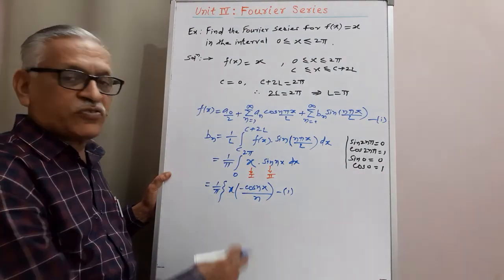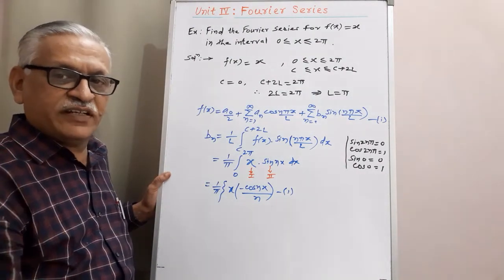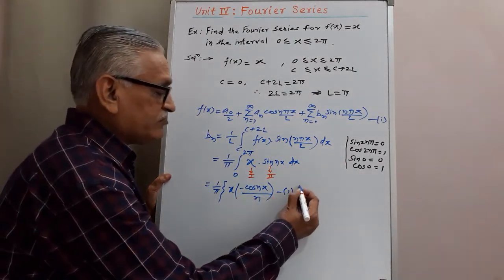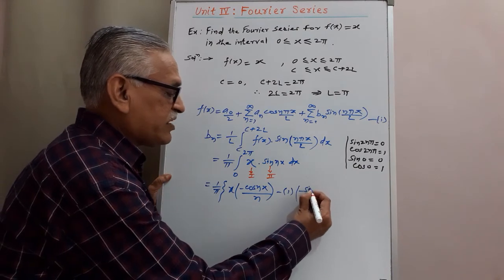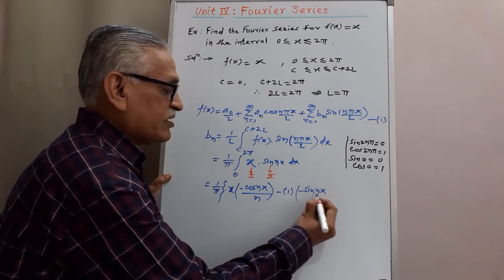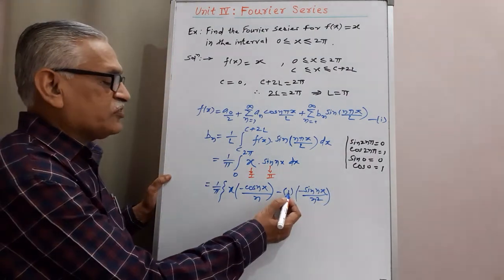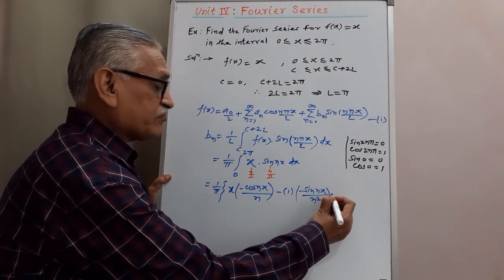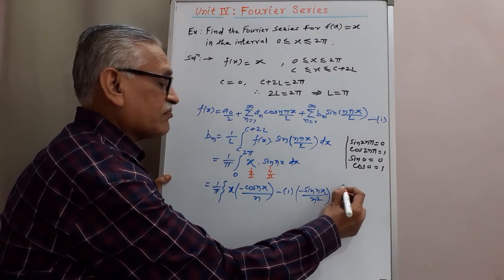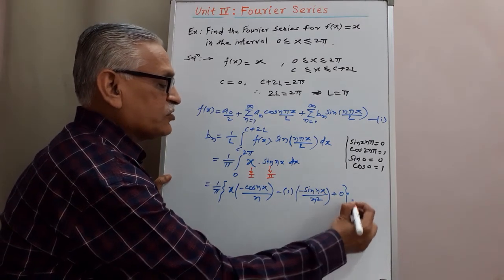Next, integration of cos is sine with this minus sign, therefore it is minus sine of nx by n square. Next derivative 0, we stop here, and limits from 0 to 2π.